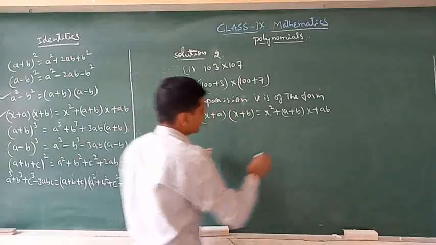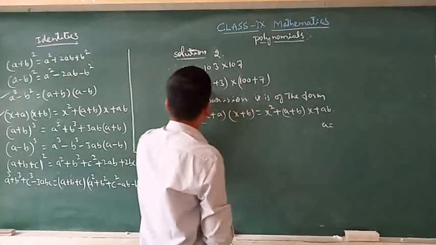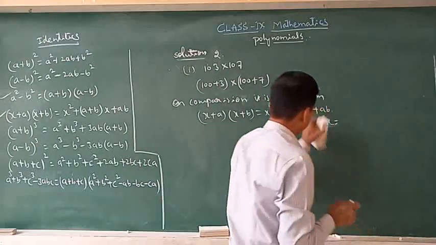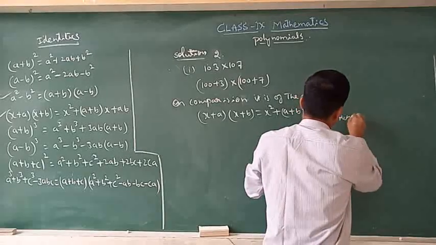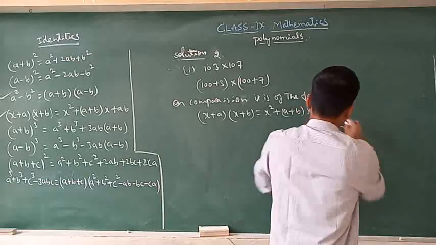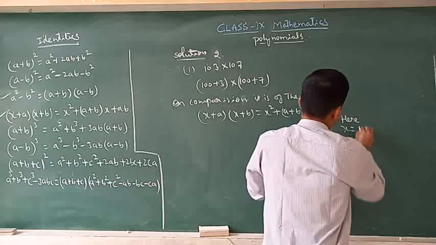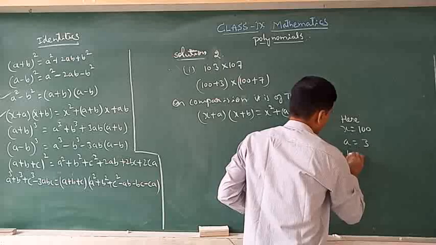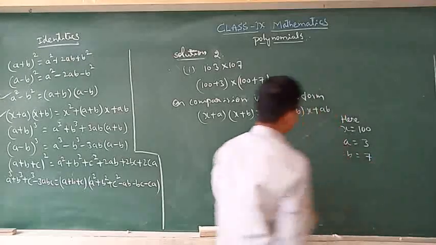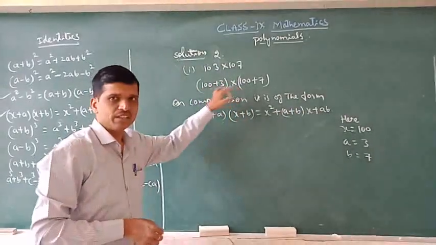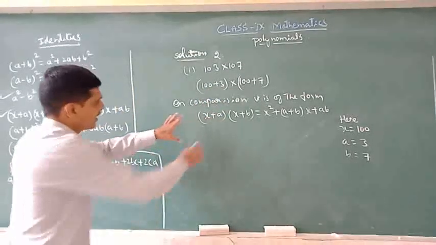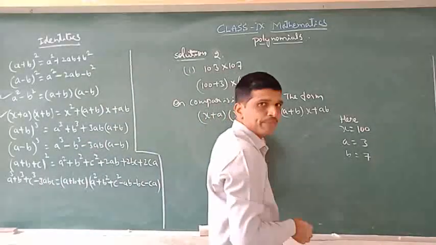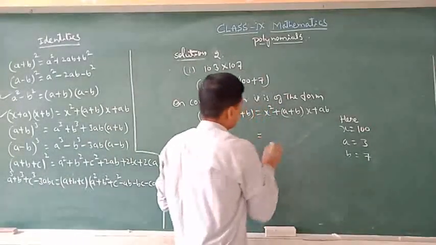So here x is first considered: x = 100, a = 3 and b = 7. On simplification I get this identity, because of this identity from the list.